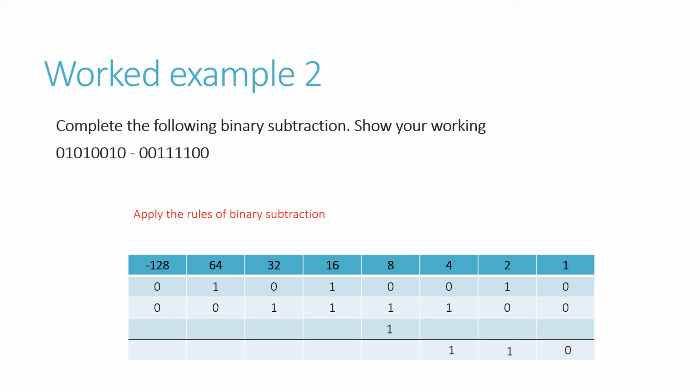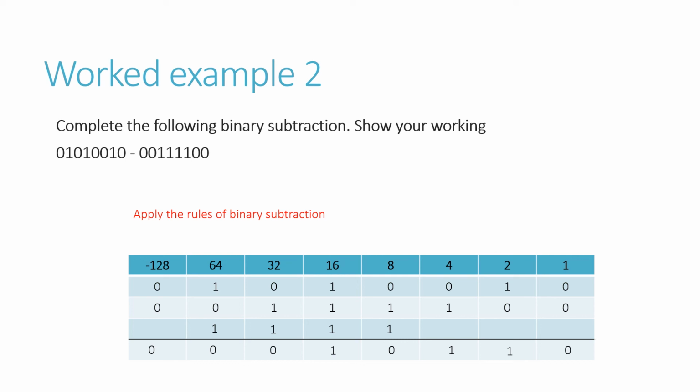And now in the 8's column we've got 0 minus 2, so that's the final rule of binary subtraction, and we write 0 and carry 1. 1 minus 2 is 1 and carry 1. 0 minus 2 is 0 and carry 1. 1 minus 1 is 0 and 0 minus 0 is 0.